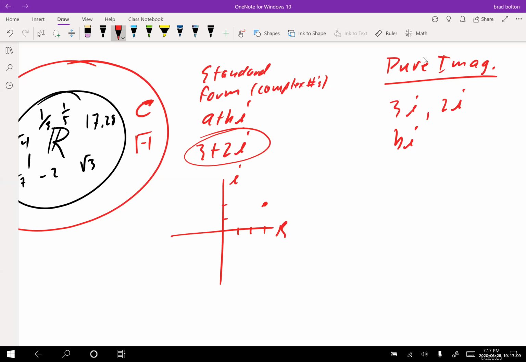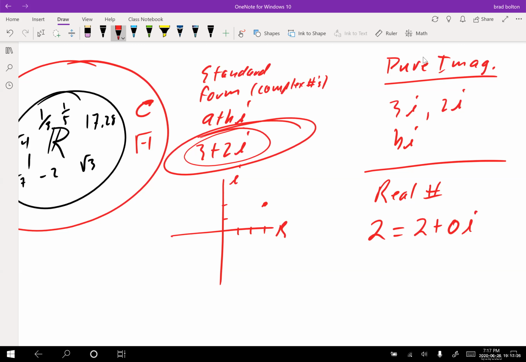Okay. And if you're wondering how you can say that a real number is also a complex number, well, look, a real number could be the number 2. But couldn't I also write that as 2 plus 0i? It is in standard form of a complex number, because 0 times i is 0, so it's really just the number 2.